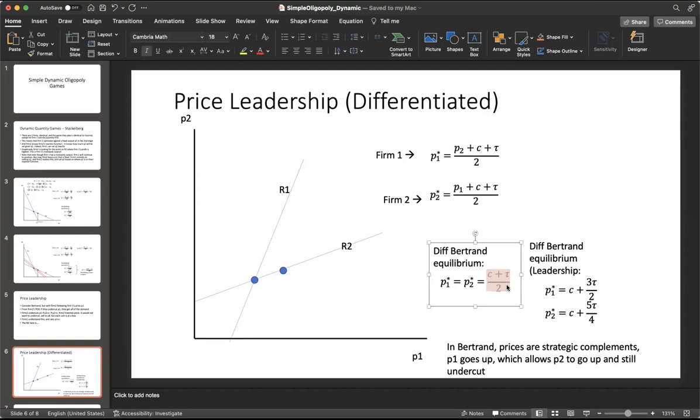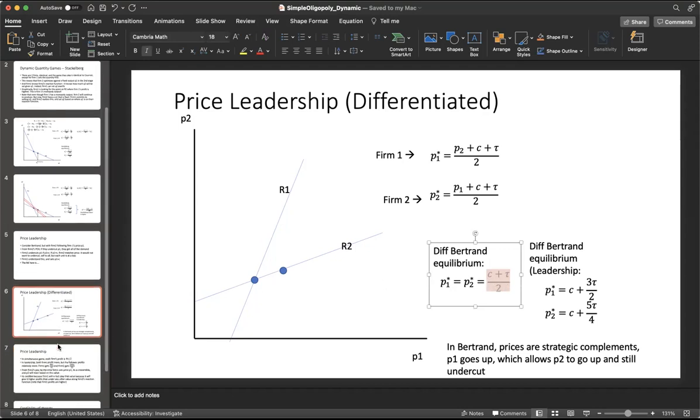Okay. So the question here is, how do you get this one? Under this situation, it's the same. Firm 1 will choose a position on R2 where its profits are higher.